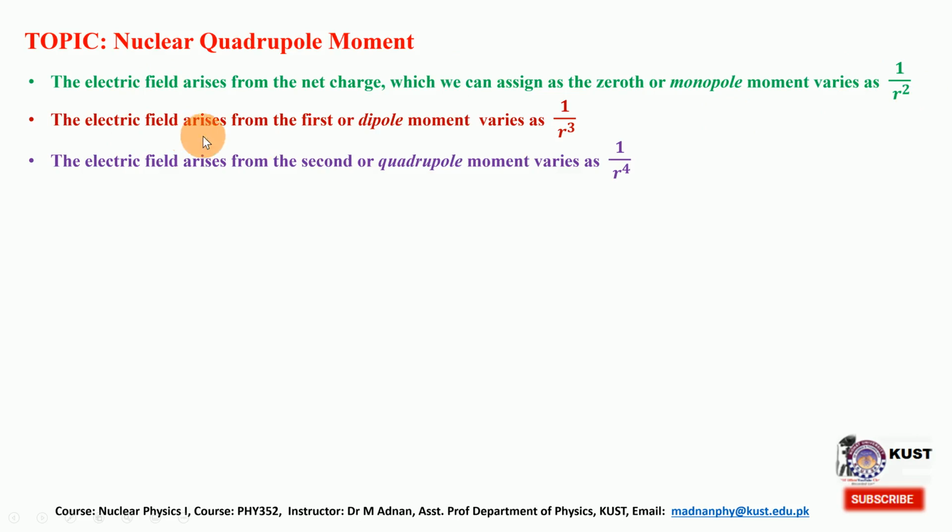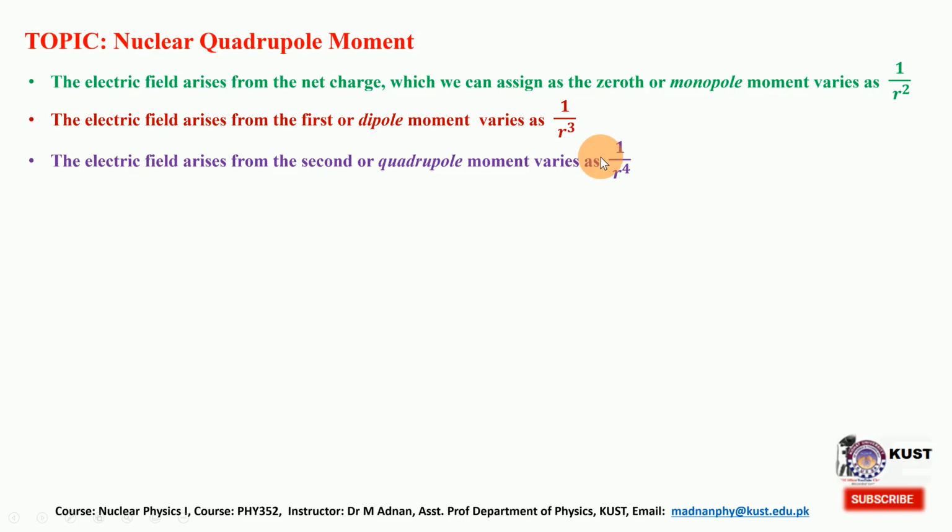Now, if the charges are placed in such a way that we have positive and negative charges separated by a small distance, that is a dipole, and the electric field varies as 1 over r cube. And if the distribution is such that the field varies as 1 over r^4, then we say that is because of some quadrupoles.